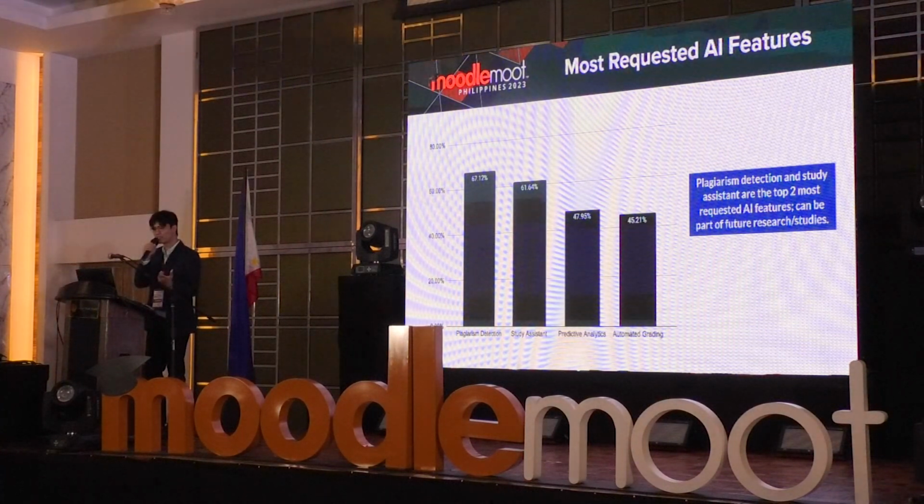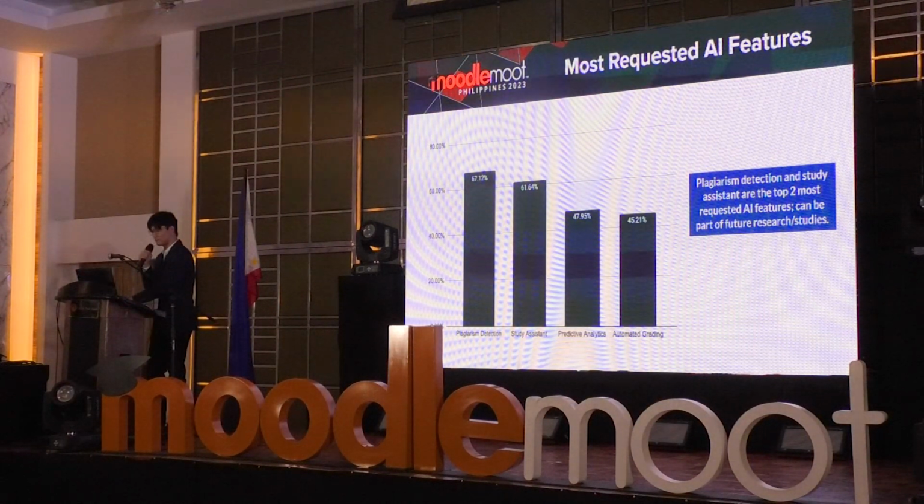Top 1 would be plagiarism detection, about 67%. And the second one is study assistant, about 61 or 62%. I would say that this can be part of our future plans for the ICT Development Office, part of our future research, future studies, future work.